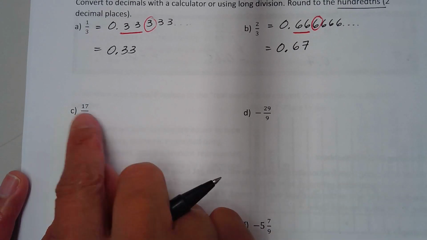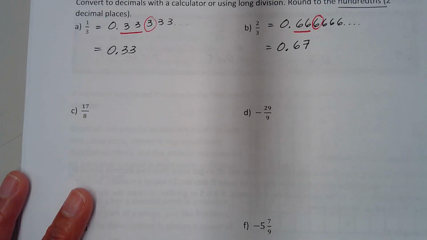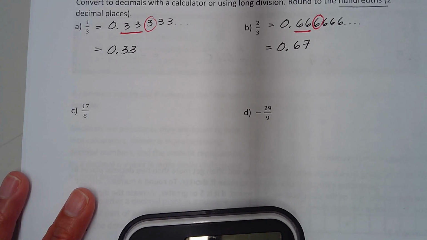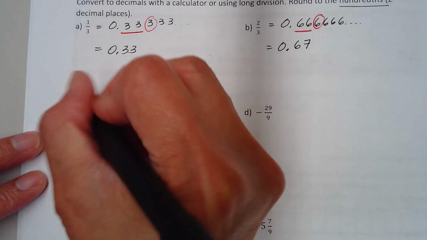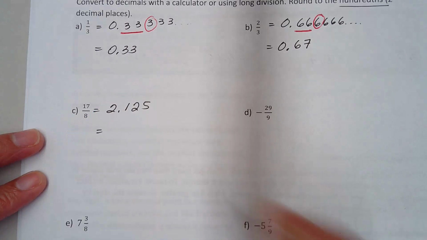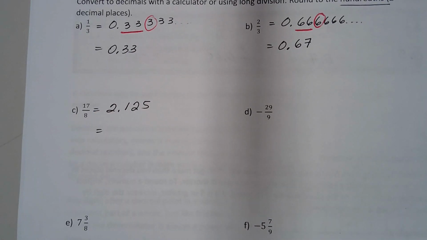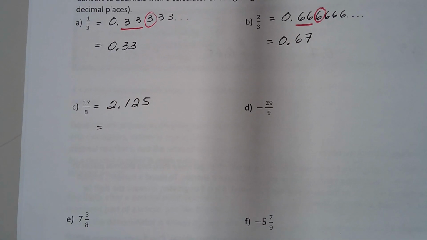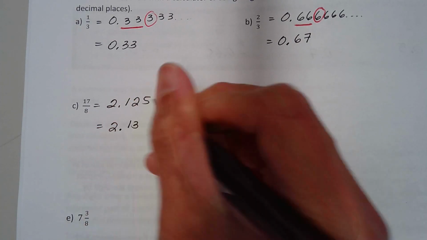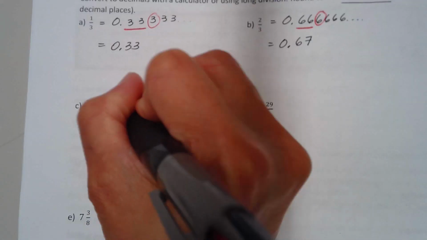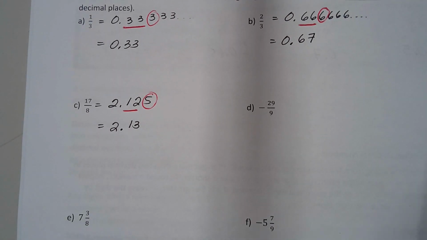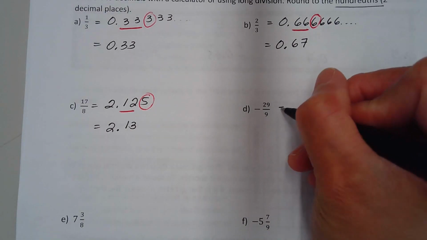Okay, what would this be? $2.125. What would that be in 2 decimal places? 2.13. So with 2 decimal places, you look at the third, enough to boost it by 1. Next one.